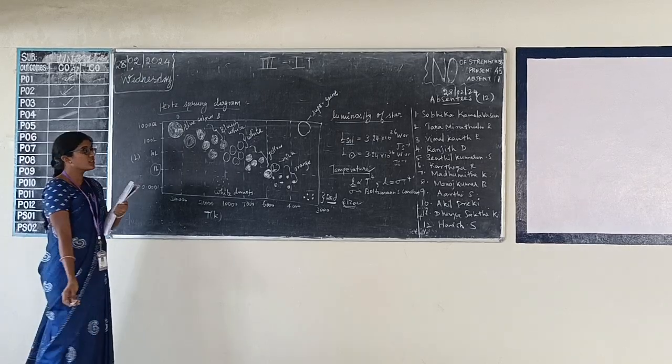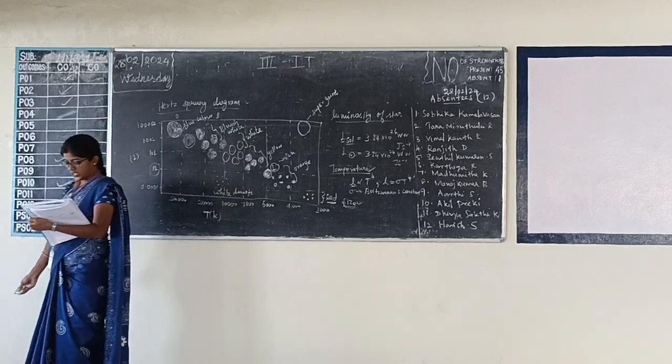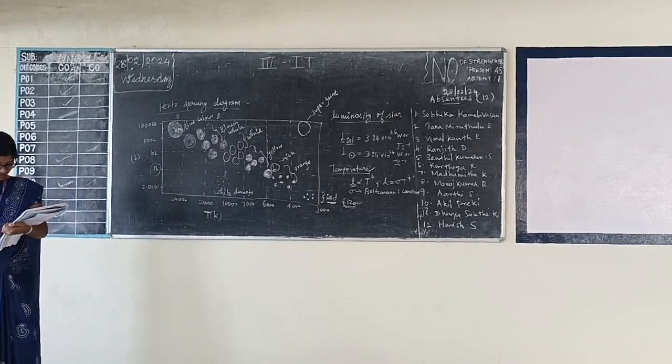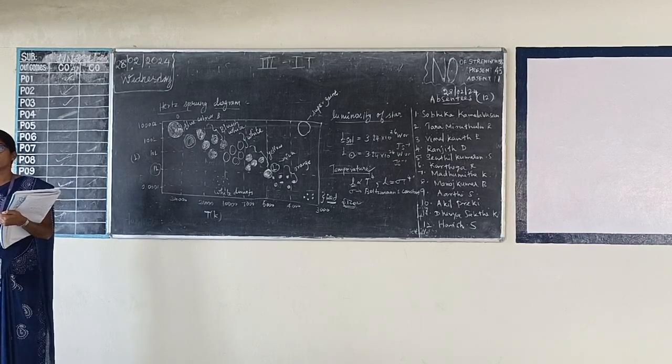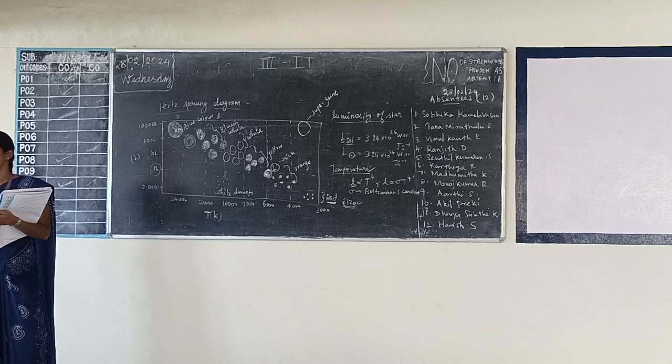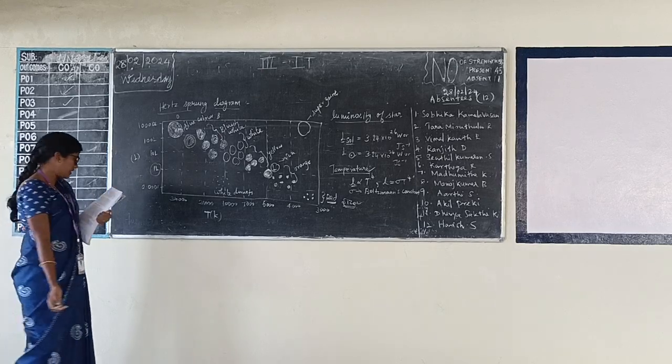So the star with the greater surface area must be more luminous than the smaller one.